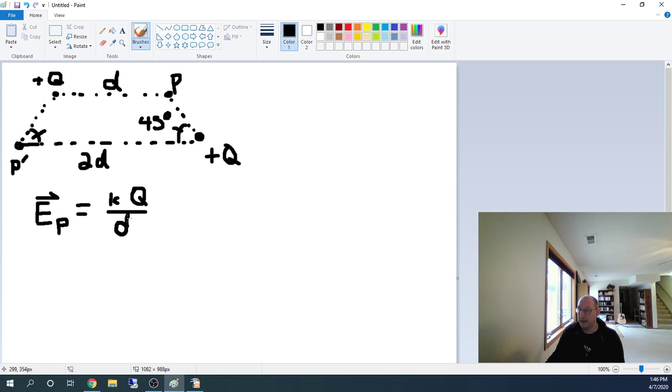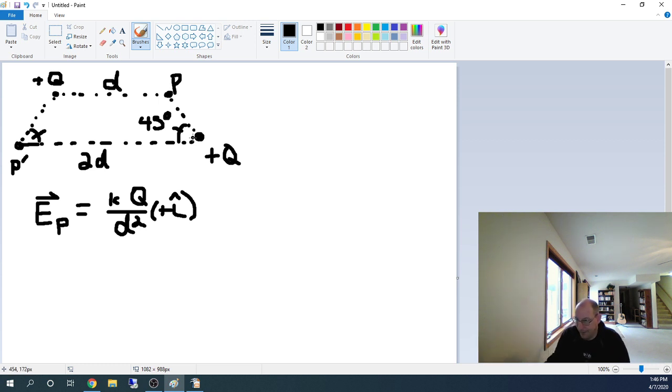So we're going to put D squared, because remember it's KQ over R squared for the electric field. And in this case, it's a positive charge, so it points directly away from that. So that's going to be in the positive i hat direction. Okay, so that is the electric field due to this charge here at point P.